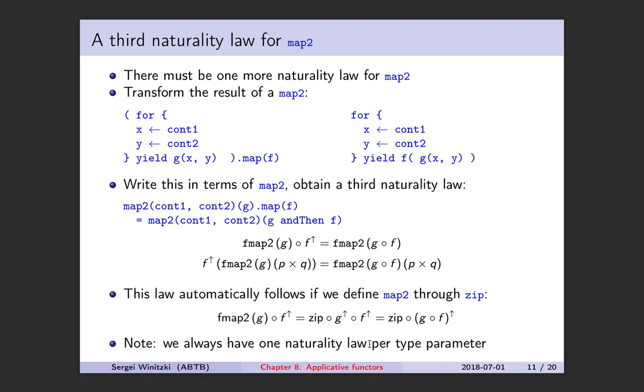And for each type parameter, we can transform the value of that type separately from transforming values of all other type parameters. And so zip has 2 naturality laws because it has 2 type parameters. But map2 has 3 type parameters, so it should have 3 naturality laws. So that's the third naturality law.